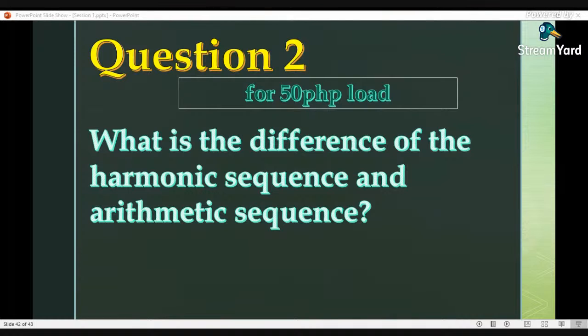Okay, anyone who can answer what is the difference between the harmonic and arithmetic sequence?